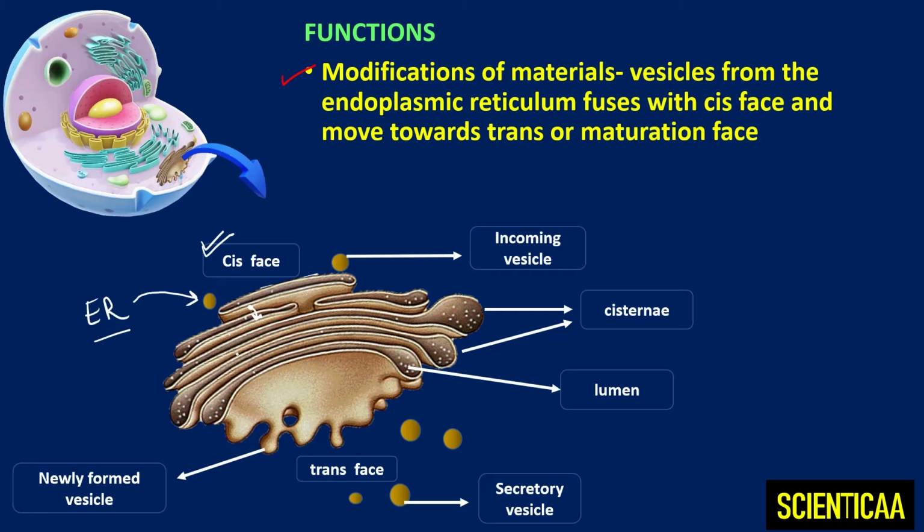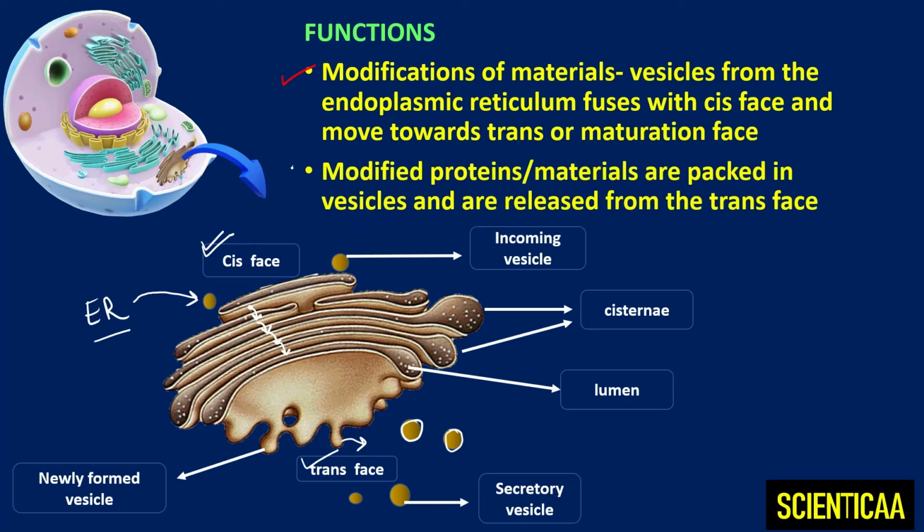So they successively pass from one compartment to another and finally reach the trans phase. From the trans phase, the secretory vesicles are pinched off by the process called exocytosis, and they are released into the cytoplasm. So, modified proteins or materials are packed inside the vesicles and released from the trans phase. This is one of the most important functions of the Golgi apparatus.